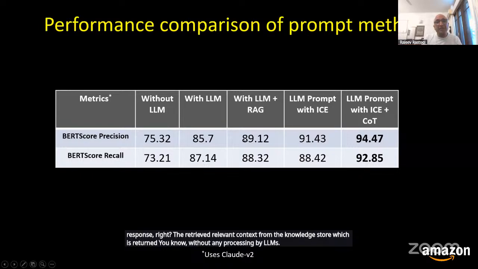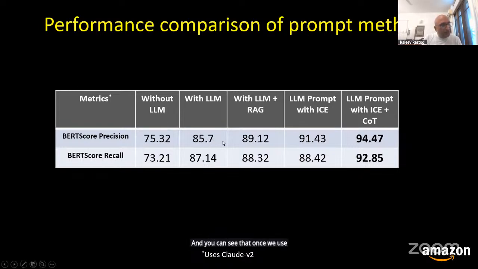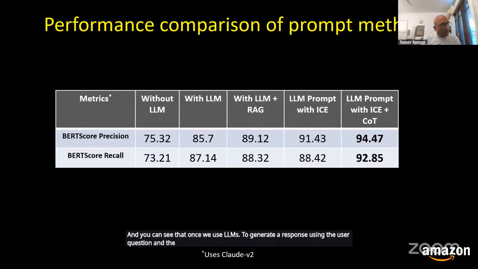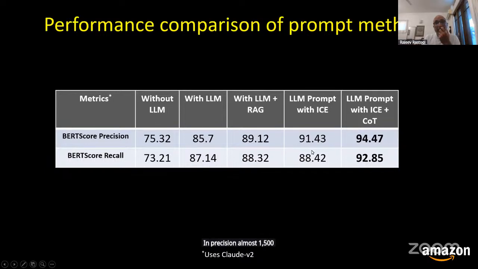And you can see that once we use LLMs to generate the response using the user question and the retrieved context, there's a big jump in precision and recall, right? 1,000 bips in precision, almost 1,500 bips in recall.